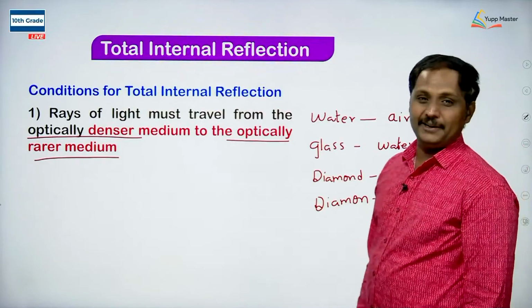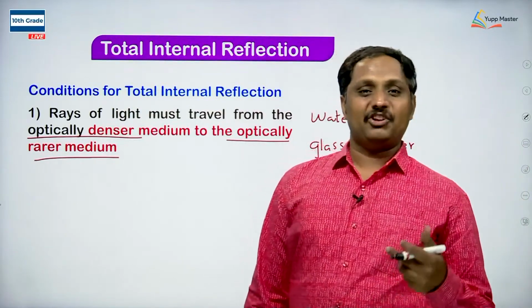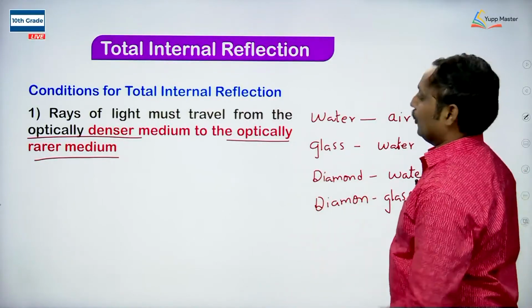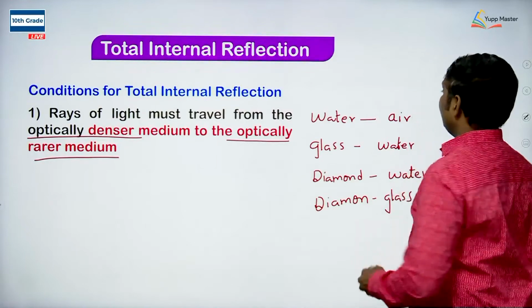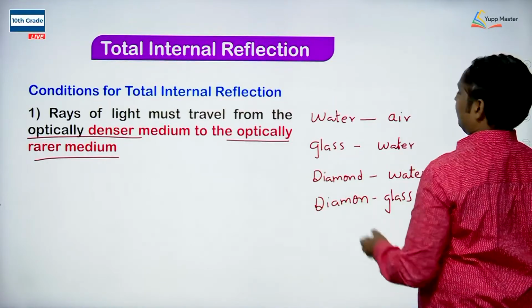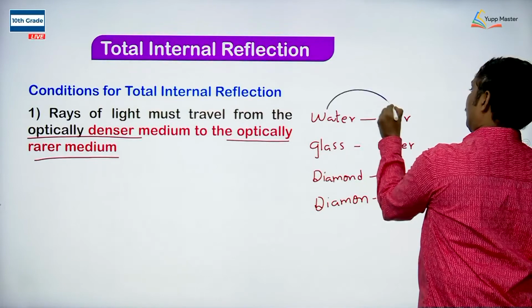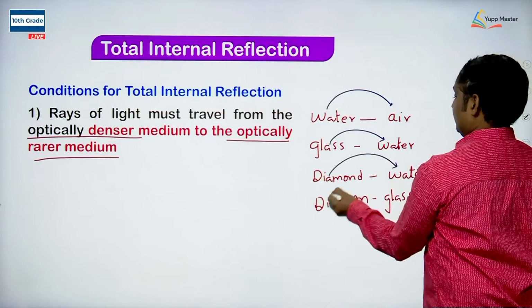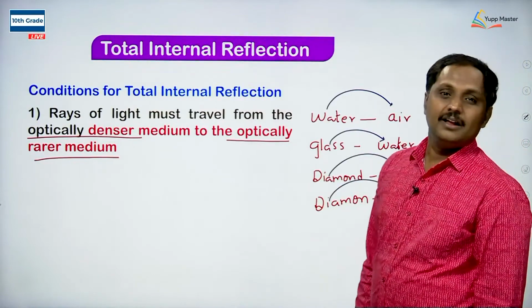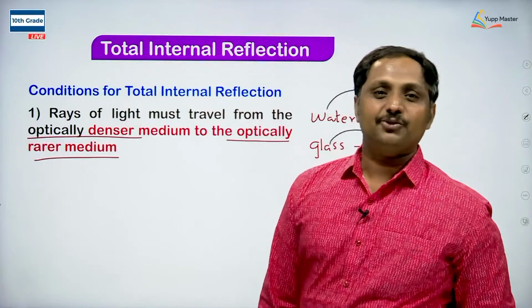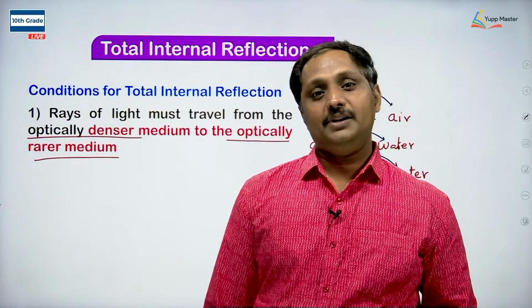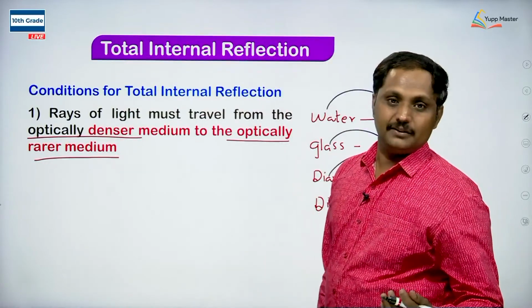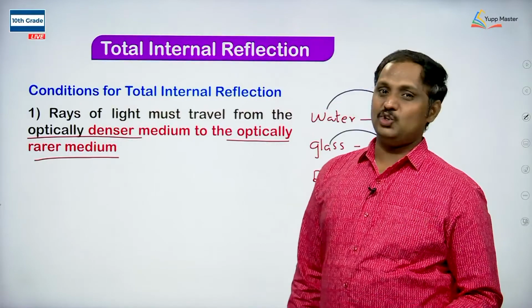These are all different transparent substances which allow incident light rays to propagate. The condition is that light rays enter from water to air, glass to water, diamond to water, diamond to glass. Simply, high refractive index to low refractive index. Refractive index is the criterion to decide whether a medium is denser or rarer.